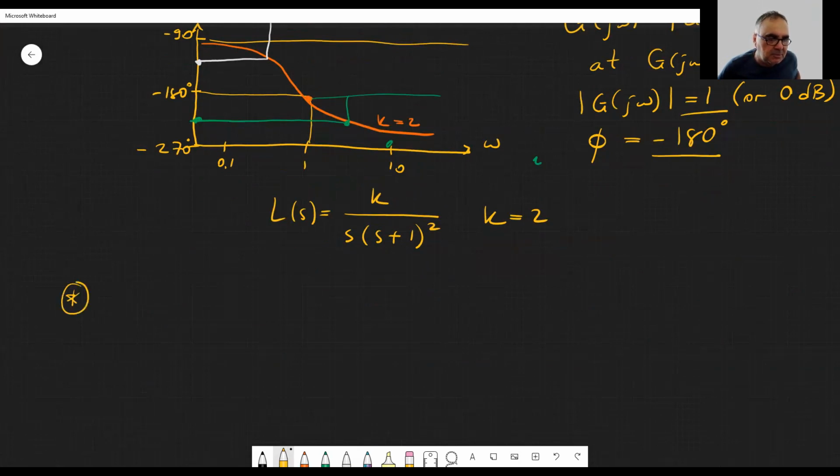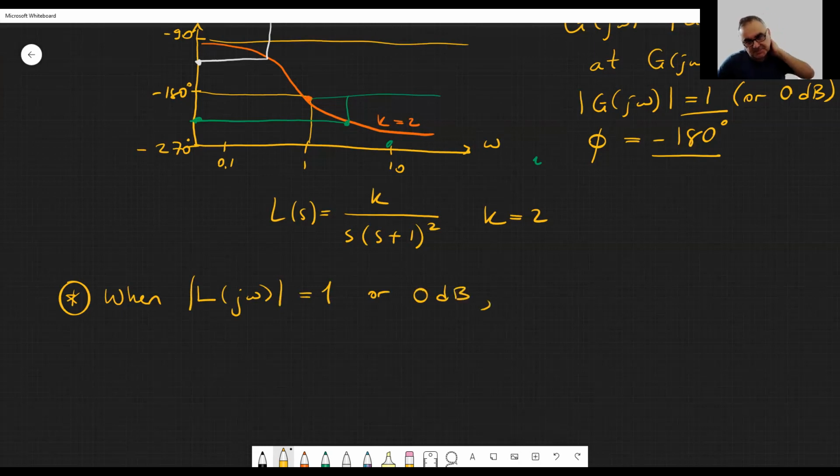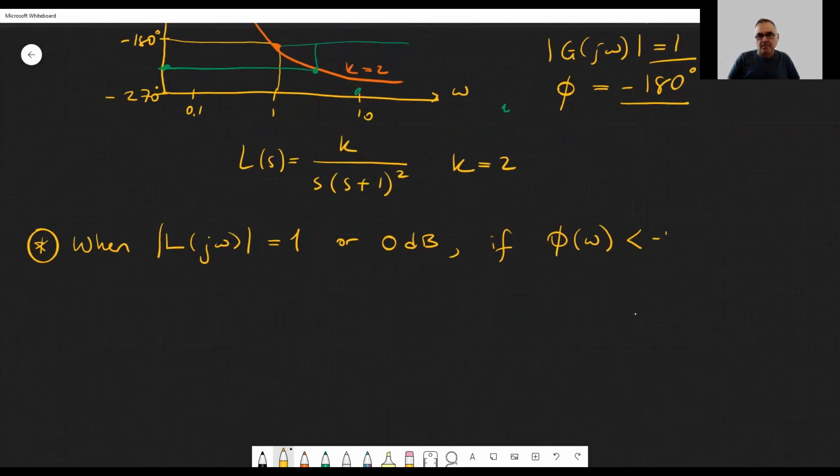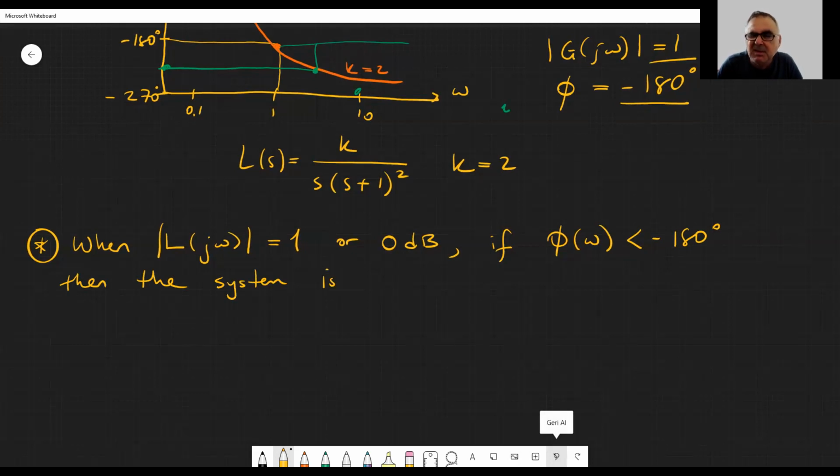This is important. When L of s, or L of j omega, I should say, is exactly equal to 1, or let's say 0 dB, okay? If the phase is less than, means what?